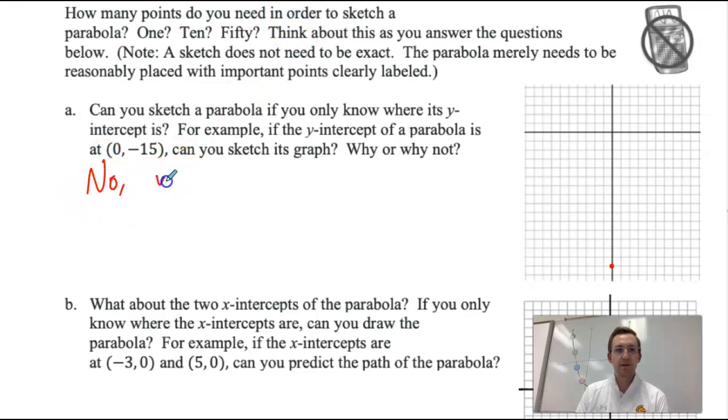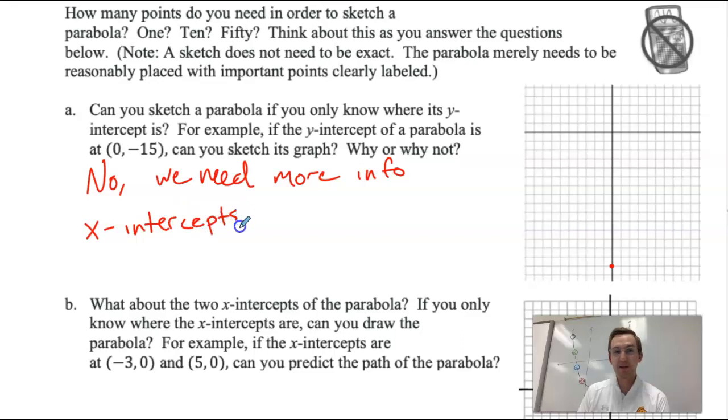No, we need more info. We need like the x-intercepts. We would probably need a vertex would be nice. Whether it's going up or down would also make an impact.